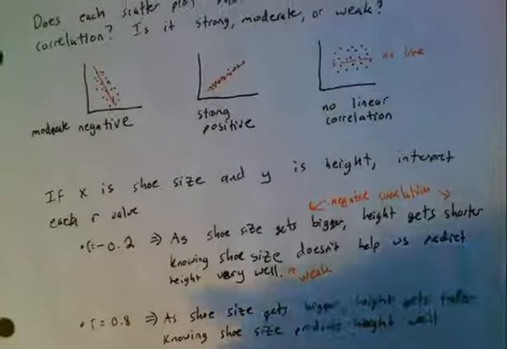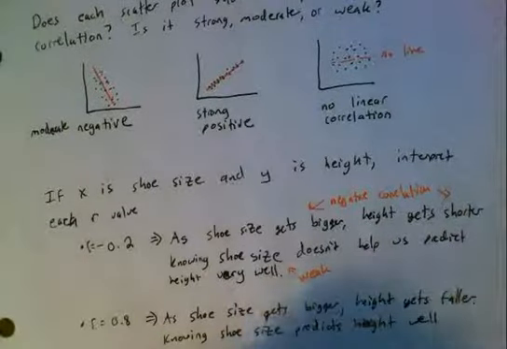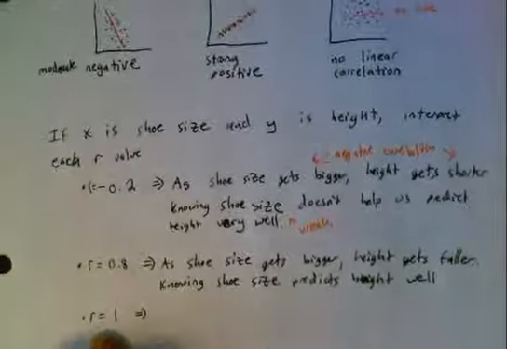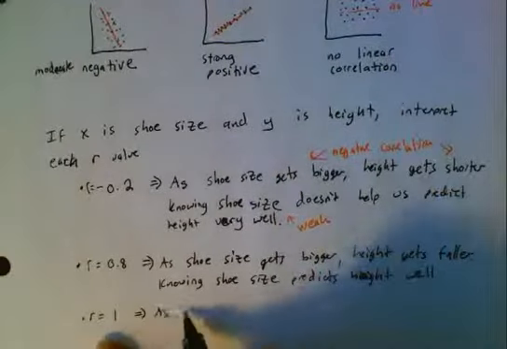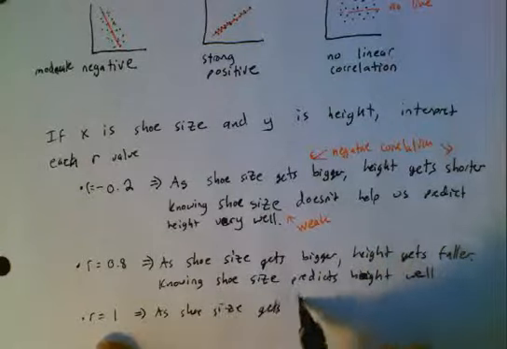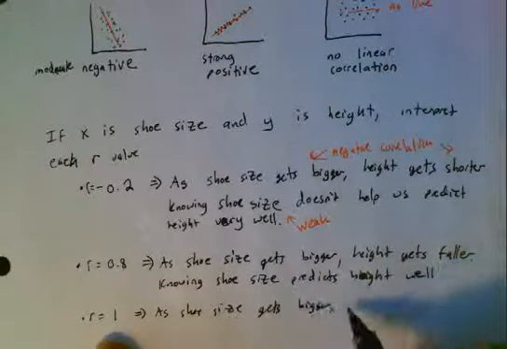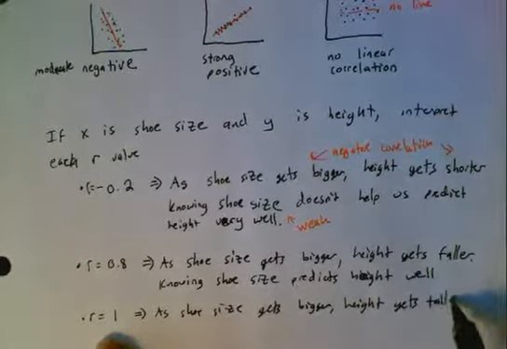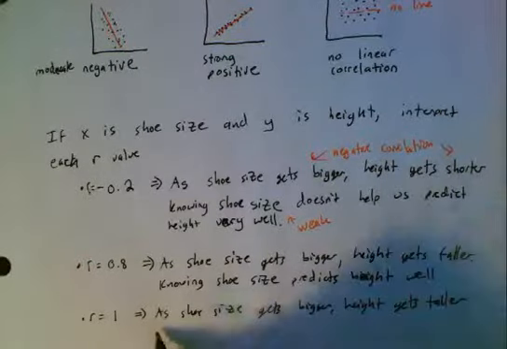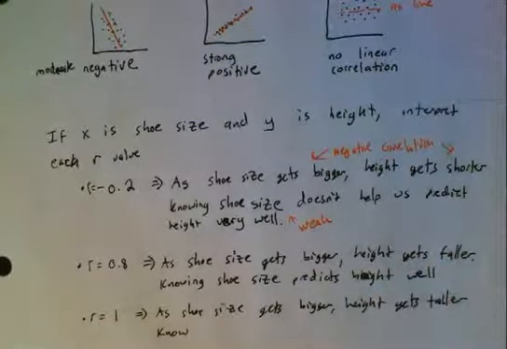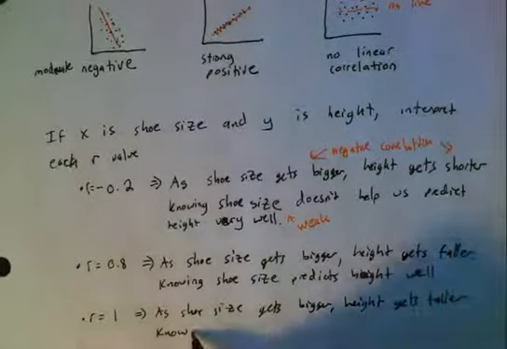And if we had an R of 1, that's a perfect positive correlation. That means if we know shoe size, then we know exact height. There's no variation.